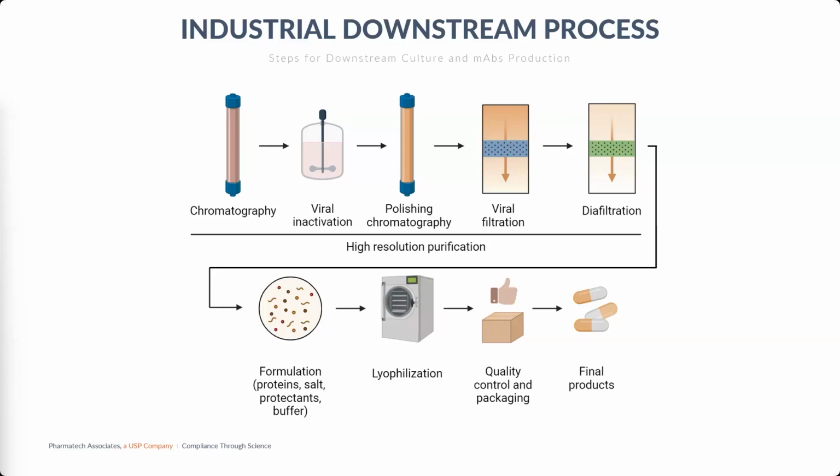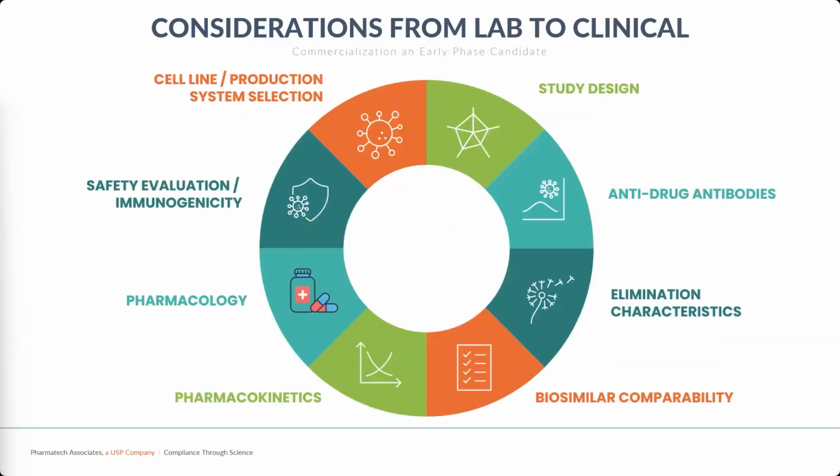Yeah, so we're going to touch on that, actually start in the next slide. If we think about going from the laboratory into the clinic with biosimilars, one of the things you have to consider significantly at the start of all this is the cell line development itself. What you really need to focus on here is the design and the construction of your vector that carries the gene that represents your monoclonal antibody.